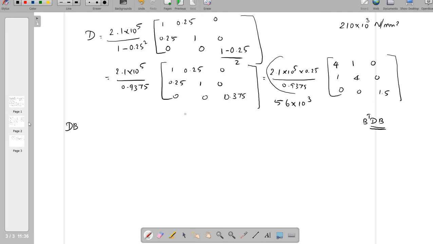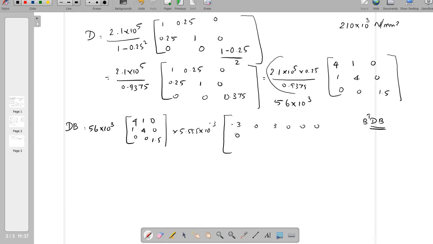First I multiply D with B. D is 56 into 10 power 3 times the matrix 4, 1, 0, 1, 4, 0, 0, 0, 1.5, with B, which is 5.555 into 10 power minus 3 times the matrix minus 3, 0, 3, 0, 0, 0, 0, minus 1, 0, minus 1, 0, 2, minus 1, minus 3, minus 1, 3, 2, 0.